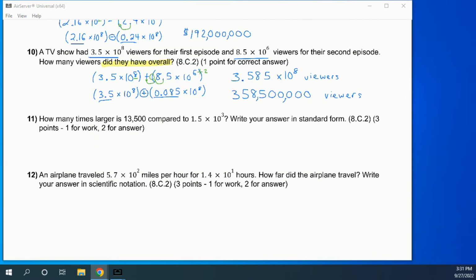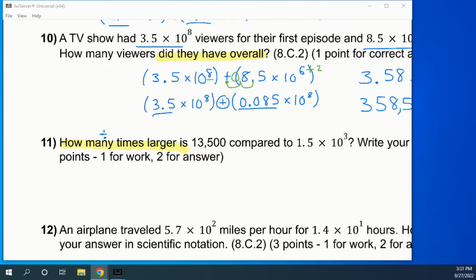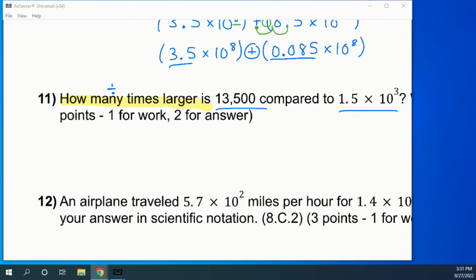How many times larger? Stop right there. How many times larger means we are going to do division. How many times larger is the first term compared to the second term? So I'm going to take this 13,500 number divided by 1.5 times 10 to the third.